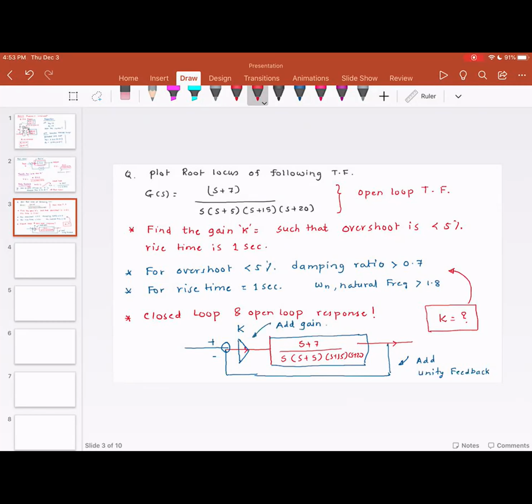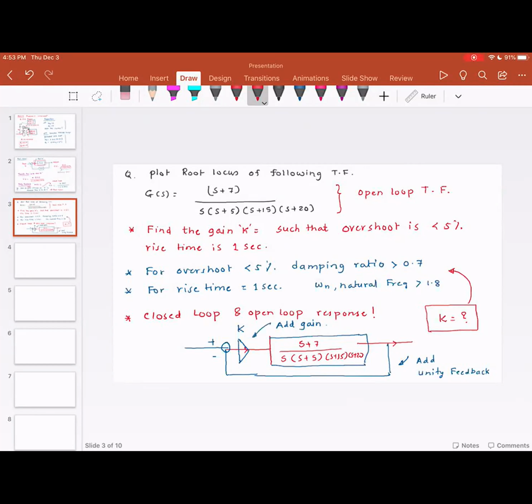So if they ask you to find root locus, you will convert an open loop system into a closed loop system. However, I just want to be very clear.